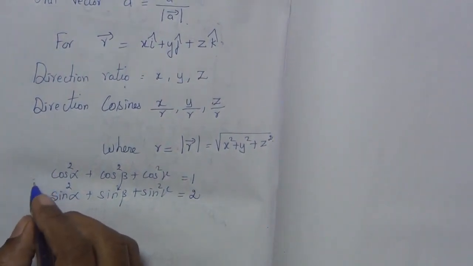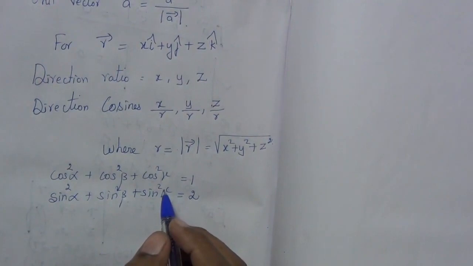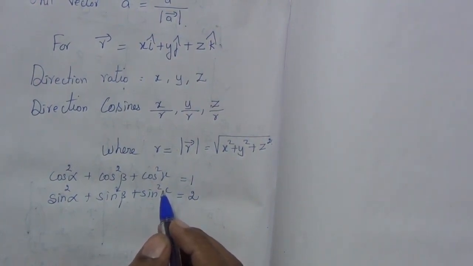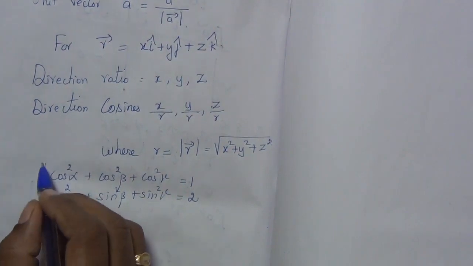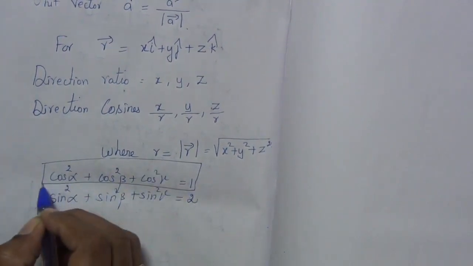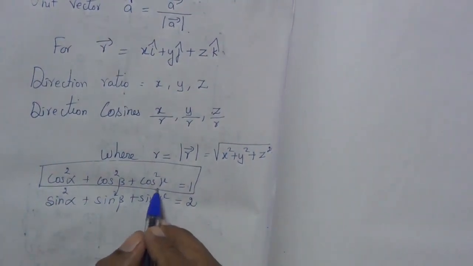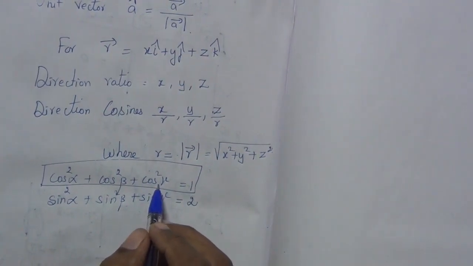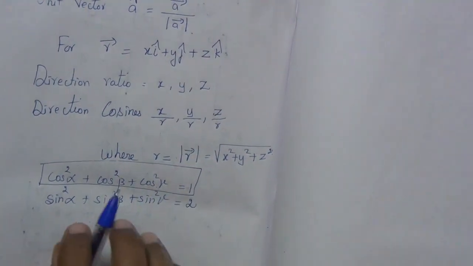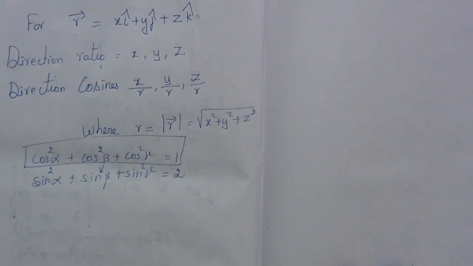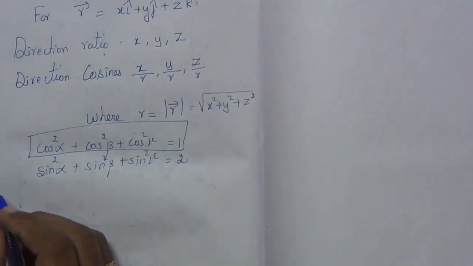This we will be using to check whether the given angles form a vector or not. We used this in the previous class to check whether the given angles form a vector or not. So using all this, we did the sums.